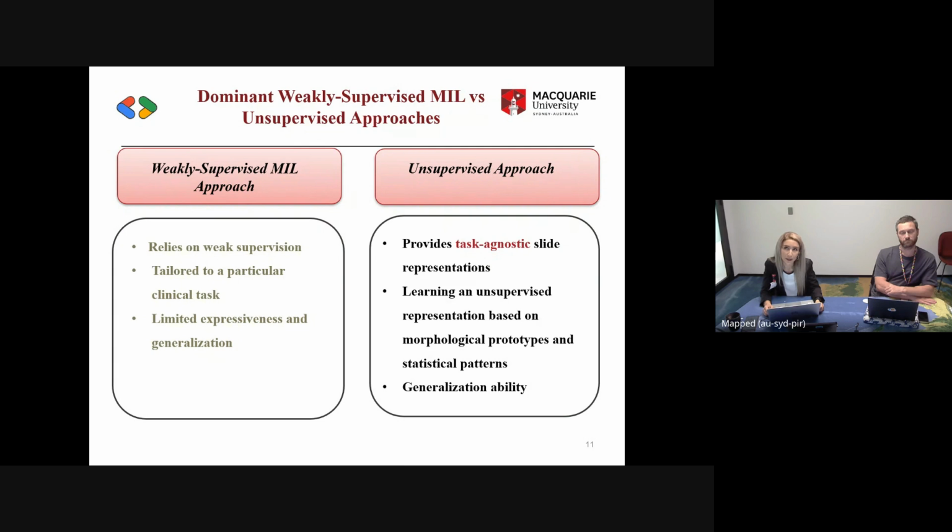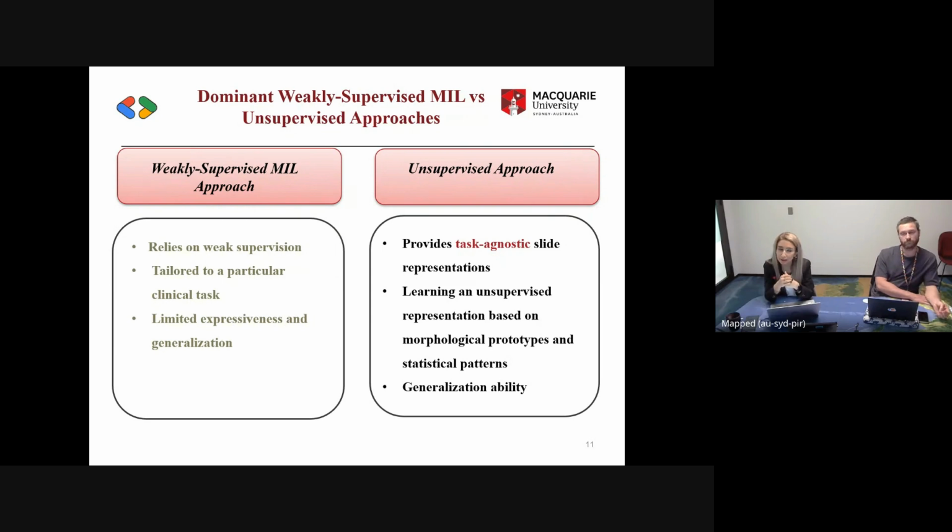And when they do aggregation of those patches and provide slide level presentations, these slide level presentations are not task agnostic. They are tailored to a particular clinical task like diagnosis or prognosis. And therefore, they have some limitations in terms of expressiveness and generalization.